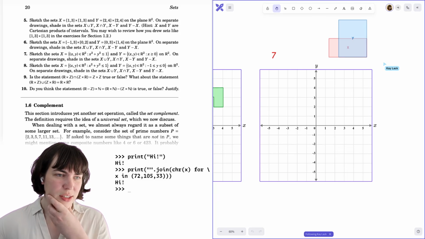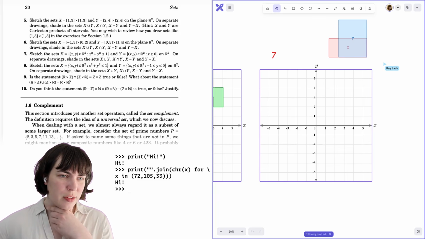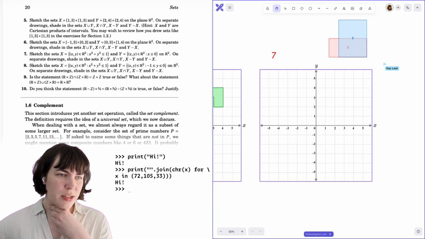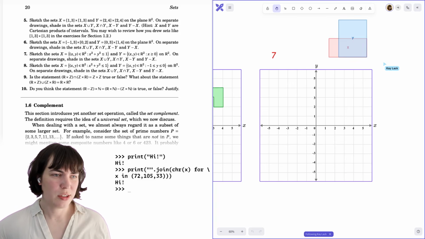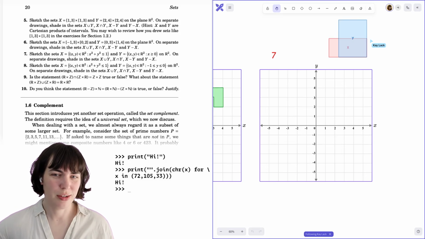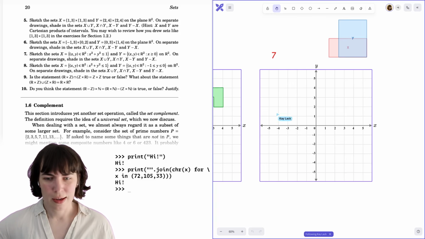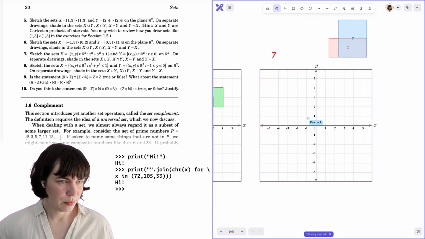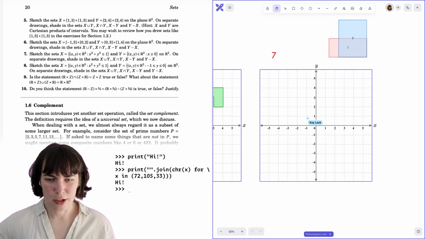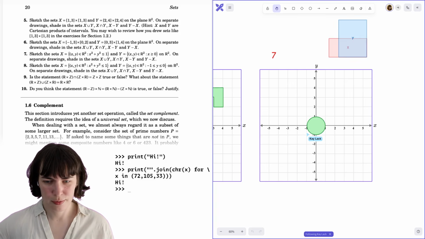Okay, sketch the sets x, y in the real numbers squared, where x squared plus y squared, wait, it's coming, I remember it, it's the circle, x squared plus y squared is less than or equal to 1. Now, I think this is going to be around the origin.